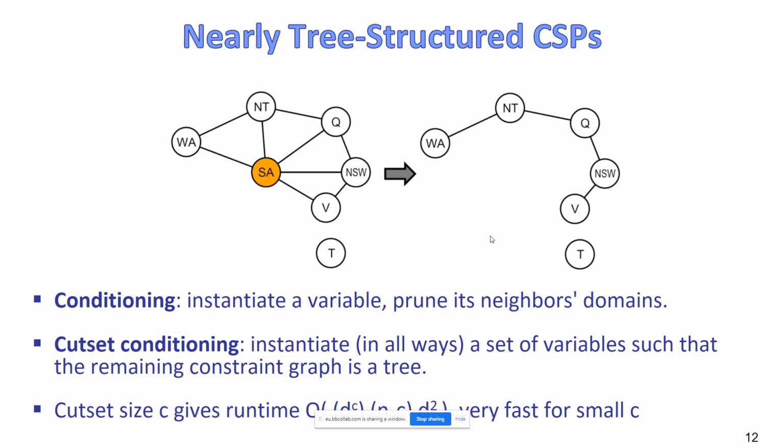Cutset conditioning is to instantiate all the Cutset variables with values and propagate the effect of these values, doing something like forward checking within the graph. Then the graph will be tree structured, and we solve it, and we augment that solution with the assignment that we did in Cutset conditioning.